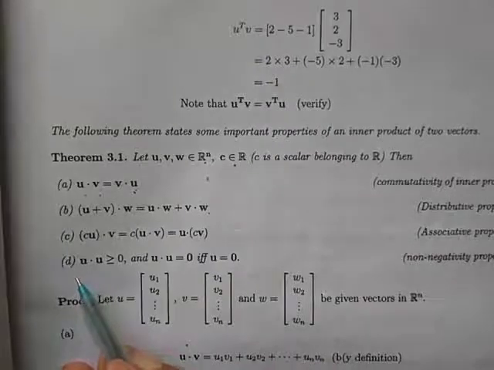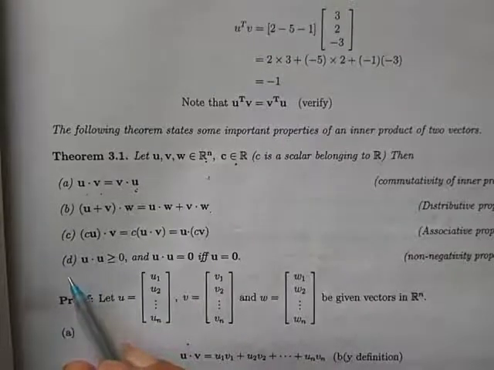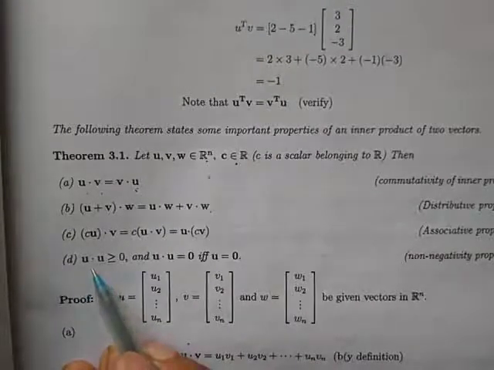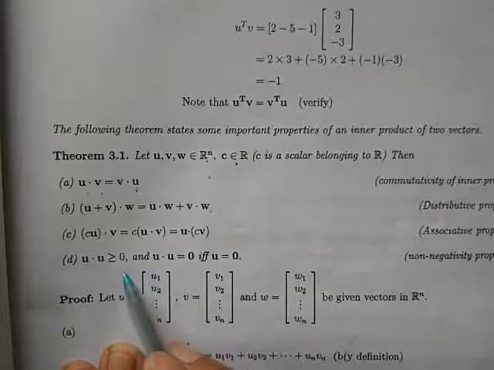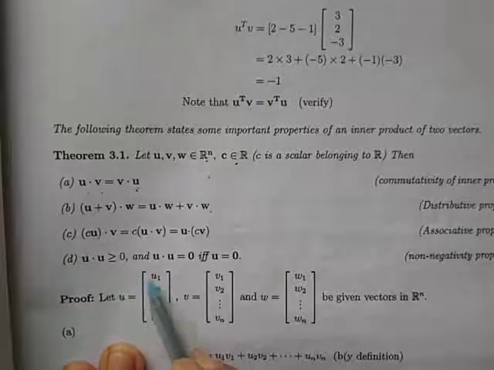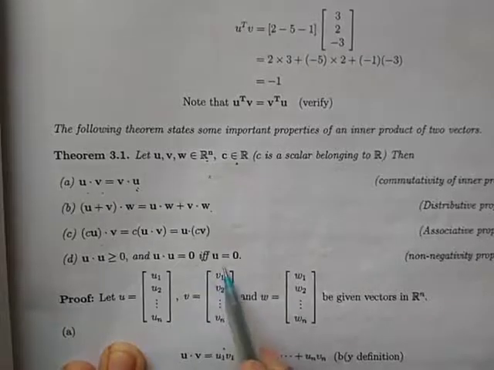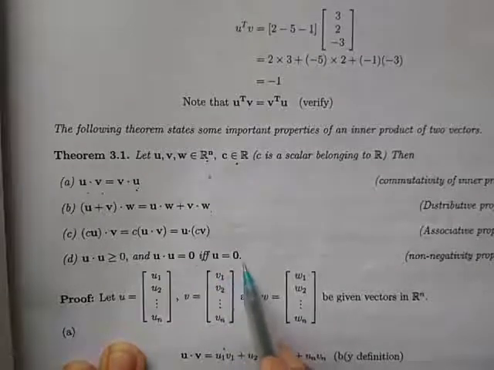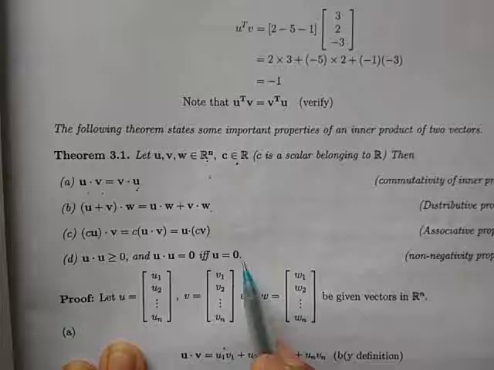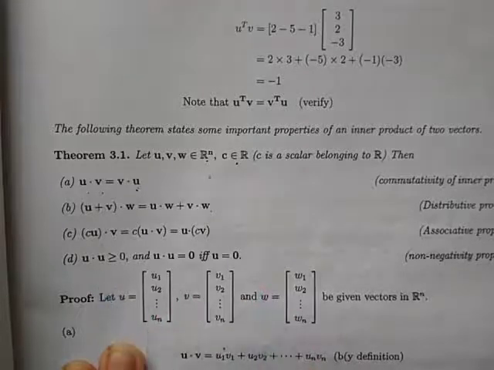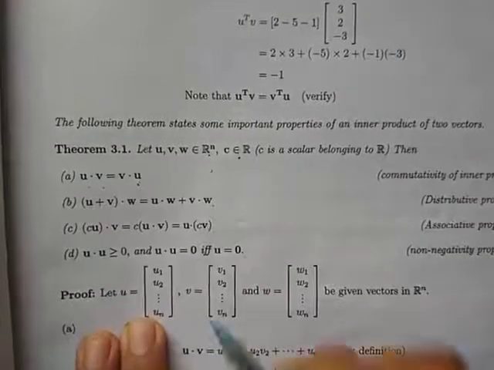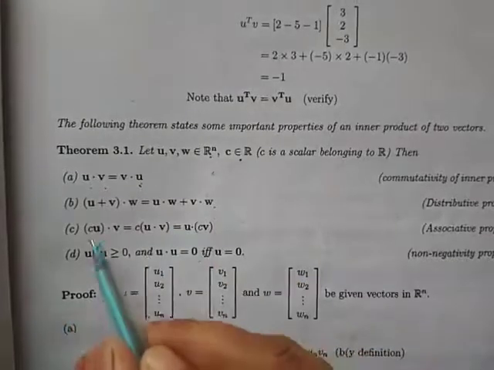Next is d: u dot u is greater than or equal to 0, and u dot u is equal to 0 if and only if u is equal to 0. Okay. Students, see here.